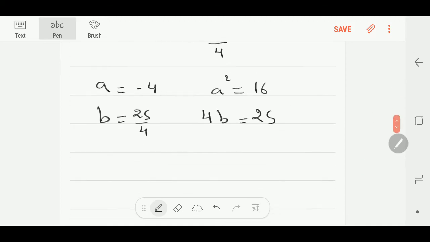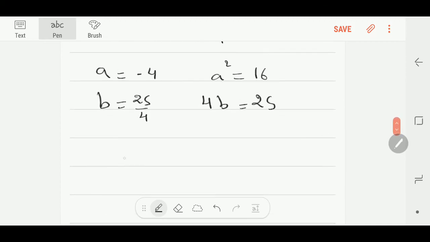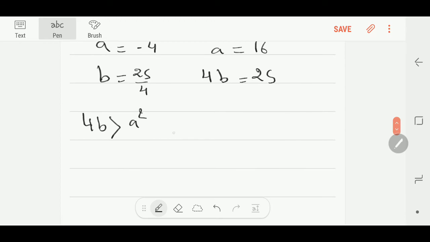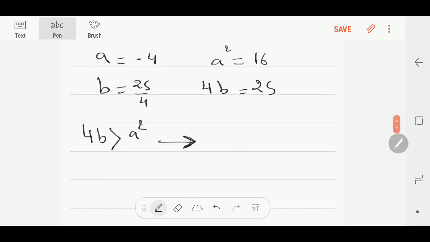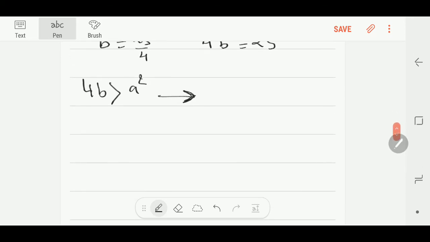And then we want to compare these numbers. In this case, 4b is greater than a squared. So we're going to pick the solution that correlates with this condition. Before we do that, we want to find the alpha value and the beta value.